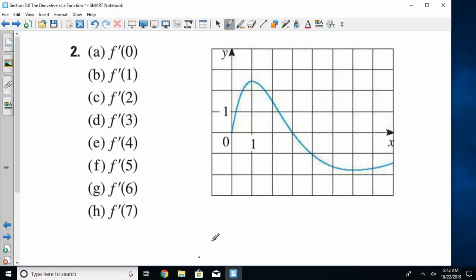So what we would have to do is actually draw a tangent line here and estimate its slope. So you might grab a sheet of paper or something. You're going to try to draw the tangent line at 0. And then I'm going to see if I can maybe estimate the slope of this line. Kind of difficult to do, but we can maybe get close.